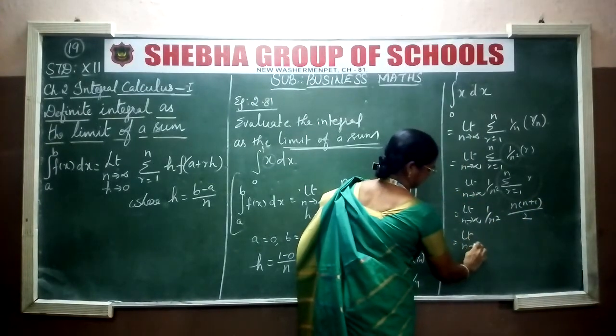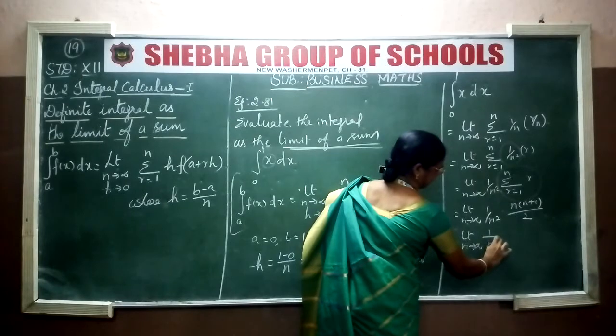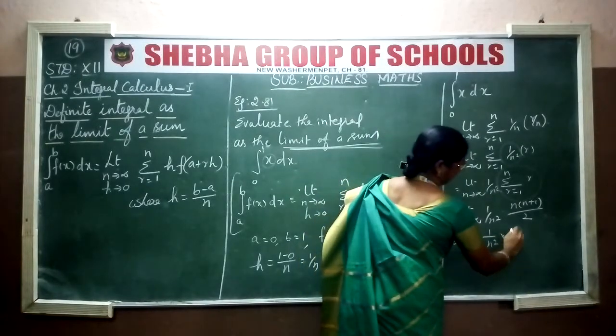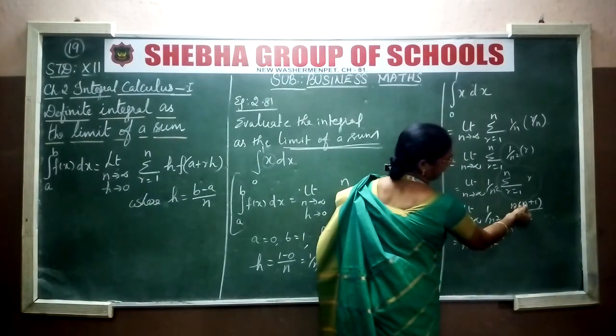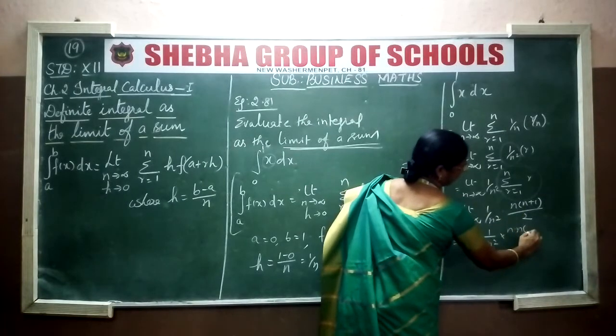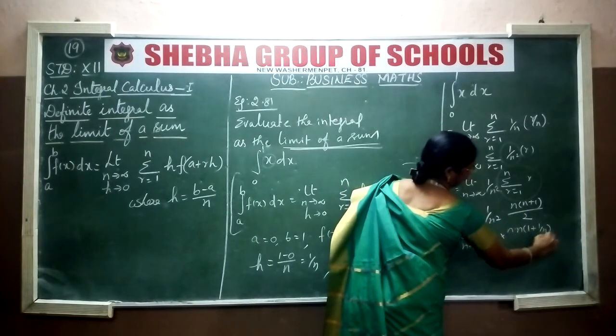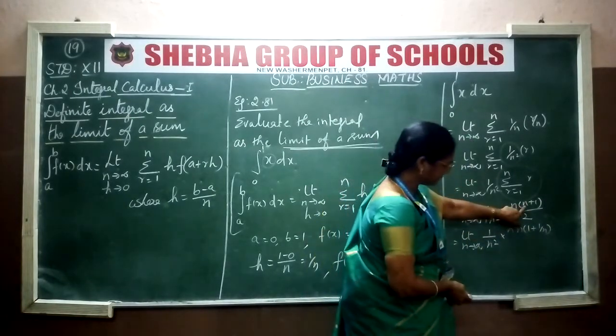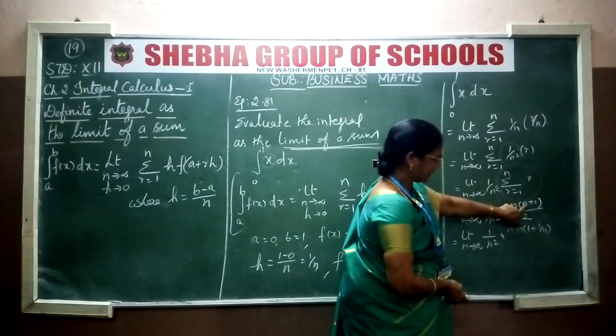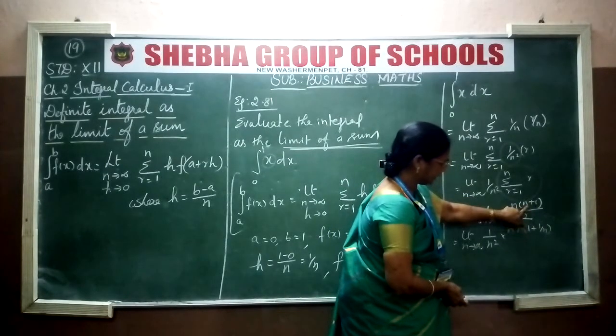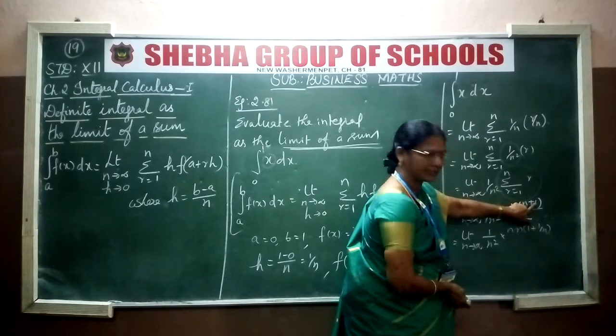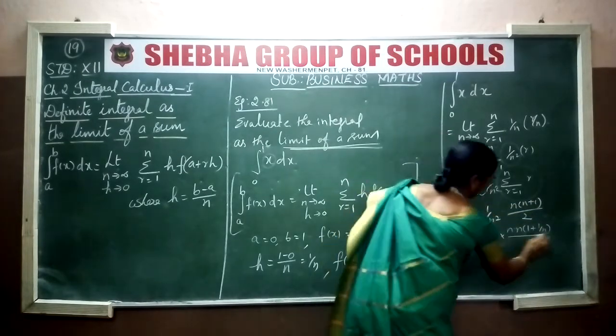So limit n tends to infinity 1 by n square into n into, taking n from this bracket, we get 1 plus 1 by n. Okay, I am taking n from this bracket. Let the n become 1, and 1 become 1 by n, by 2.